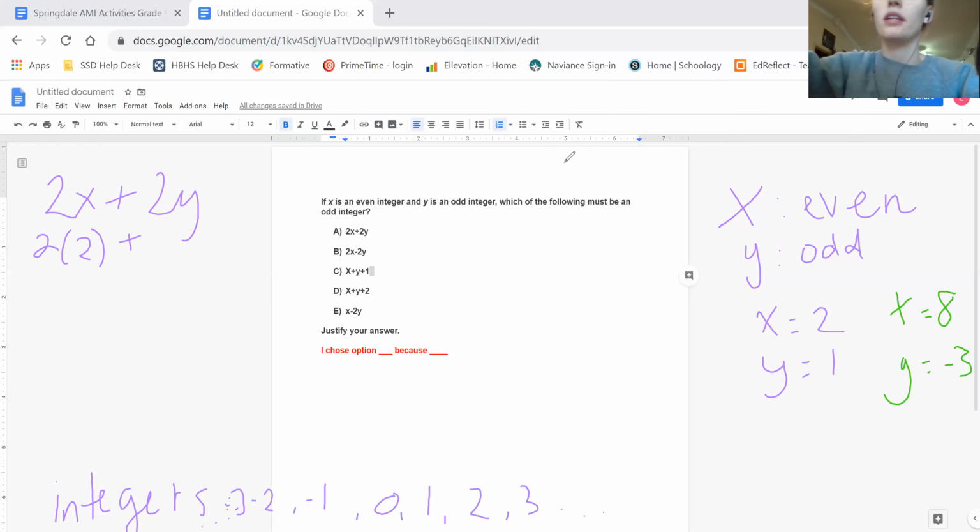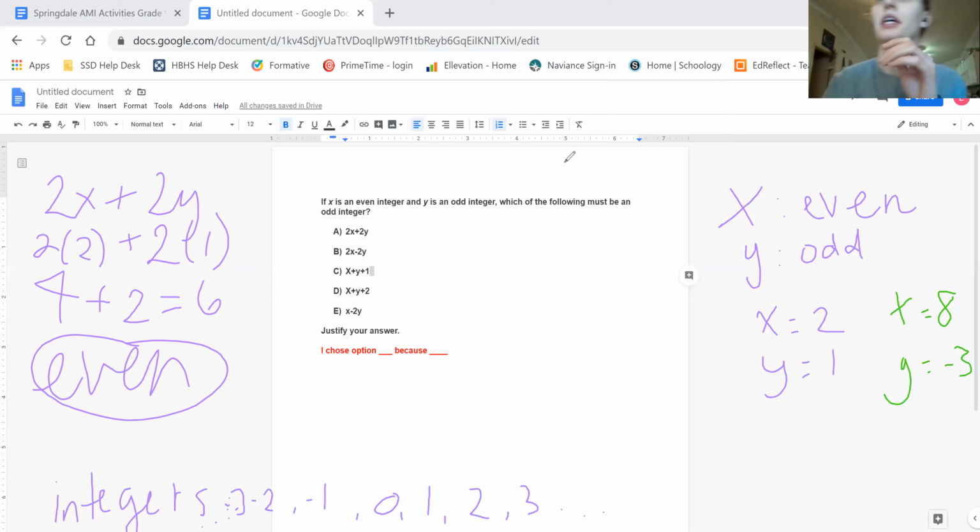Y is 1, so 2 times 1. 2 times 2 is 4, plus 2 times 1 is 2. So 4 plus 2 is 6. That's even, right? So that is not our answer. That means option B, C, D, or E is going to yield us an odd number.